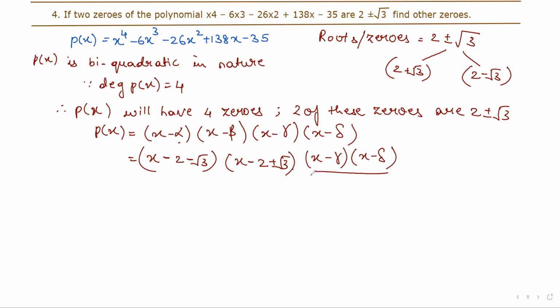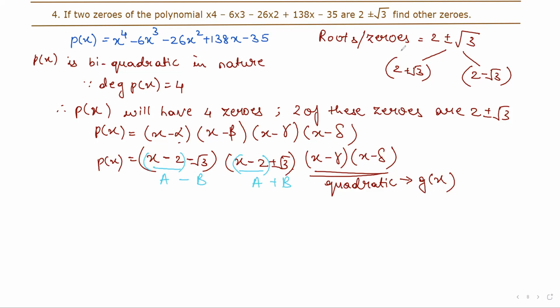Let's understand that here you have two linear expressions. If you multiply them, you get a quadratic polynomial. Let's represent this quadratic polynomial by g of x. So, p of x. Now, here if you observe this one value and this one value, it looks something like a minus b and a plus b.